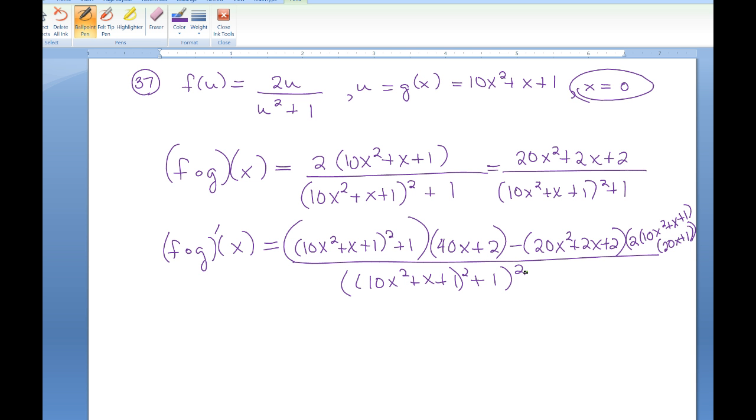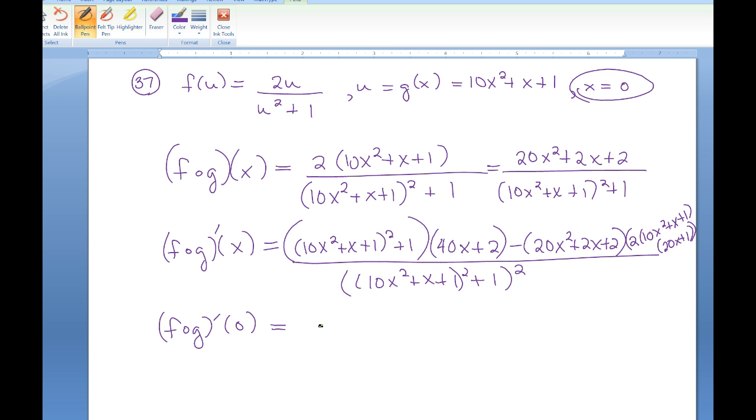The nice thing is, if you plug in 0, you get 1 here, plus another 1, so you get 2. So this whole thing here just gives us 2.